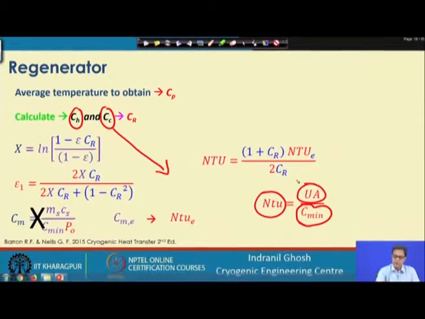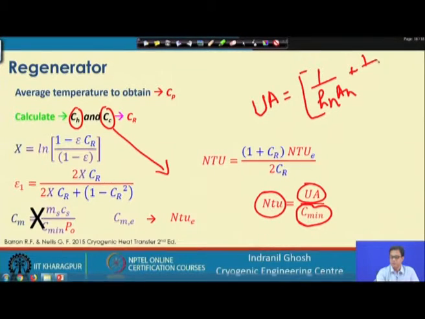Now, you note that this UA is basically 1 by HH AH plus 1 by HC AC, whole to the power minus 1. In most cases you will find that the regenerators are fixed bed regenerators.